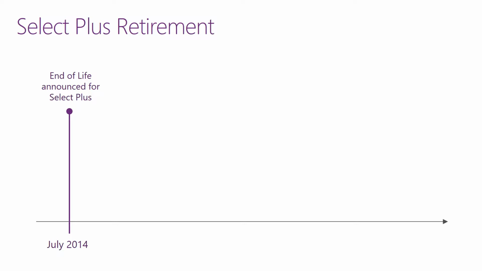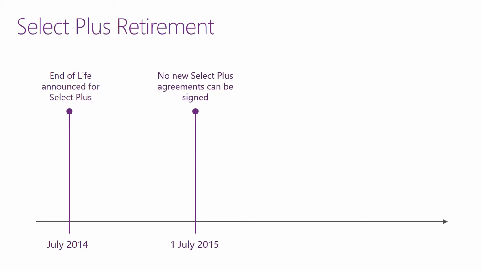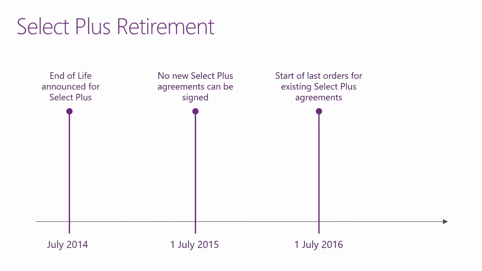Now, big agreements like this can't just be retired overnight, so there are some other key dates to be aware of. The first is July 1st, 2015, when no new Select Plus agreements could be signed. And the second is 1st of July 2016, which is the start of last orders for existing Select Plus agreements.